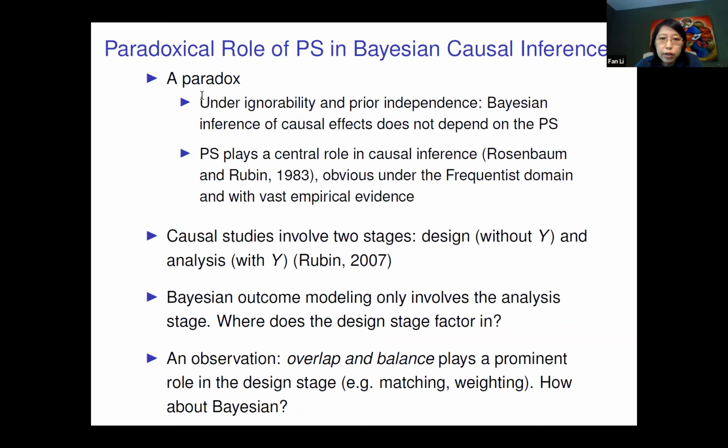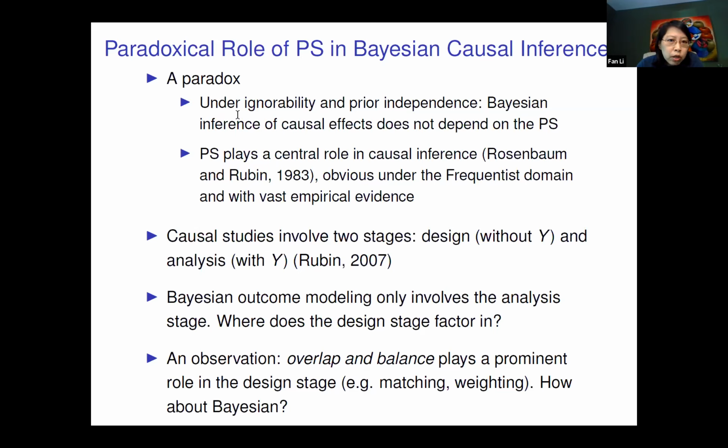I've just talked about the general structure of what kind of model you need to build, how to build it, and how to link the model to the estimands. Now I'm shifting gears to a more conceptual point of view, what is called a fundamental debate in Bayesian causal inference. It's about the role of the propensity score.